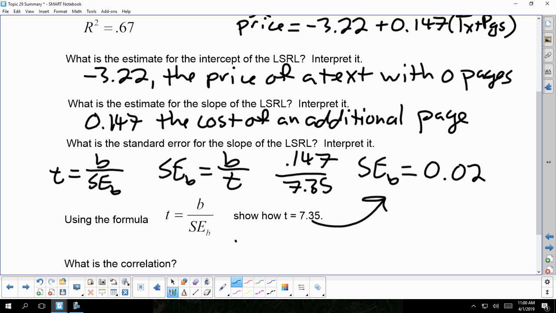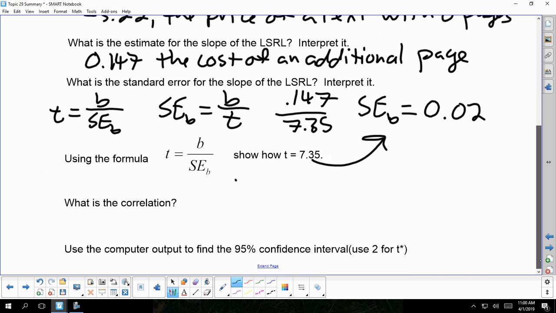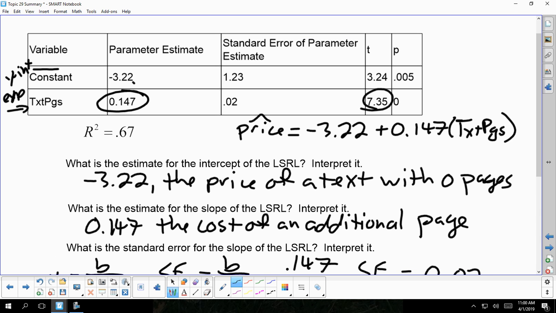And then what's the correlation? Let me finish this up. So for the correlation, typically they'll only give you r squared. So we need to do two things in order to interpret this. Use our slope. Is r going to be positive or negative? It's going to be positive because the slope is positive.